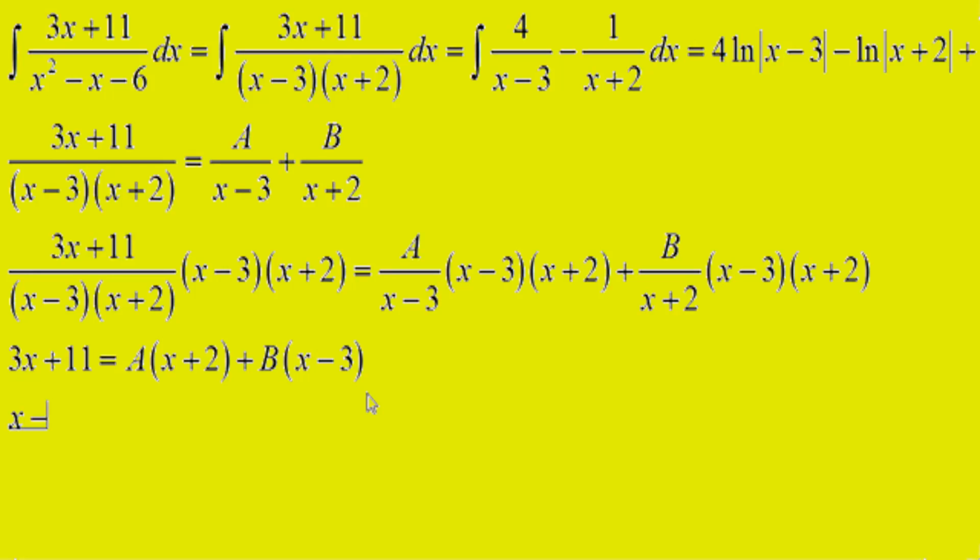So if we make x equal to 3, that's going to be 9 plus 11 from the left hand side, which is 20, and that equals 5A, and then this one vanishes. See, that's the trick, to use values of x that make a term go away. So that means that A is equal to 4, and that's indeed what we have up here.